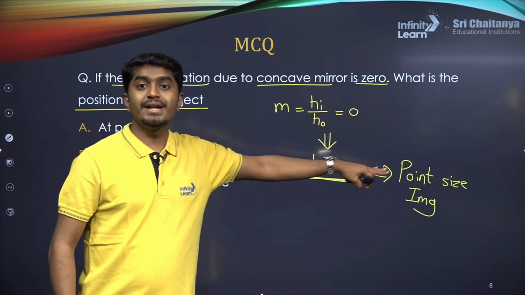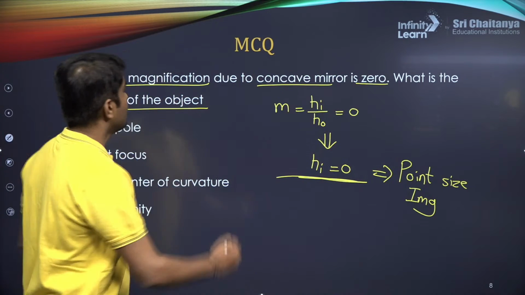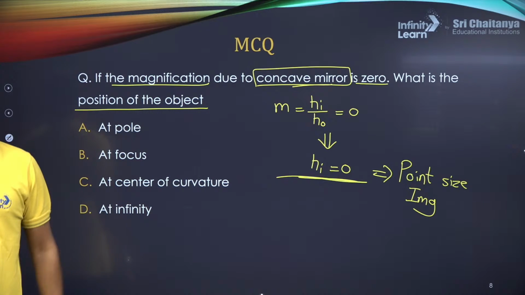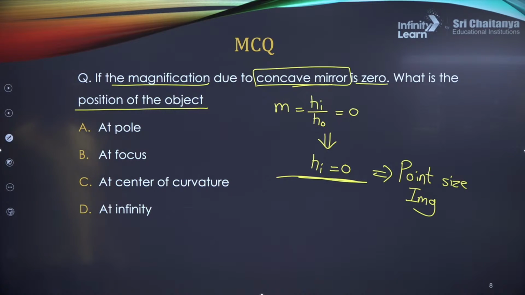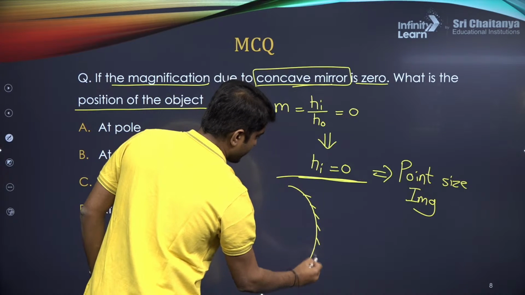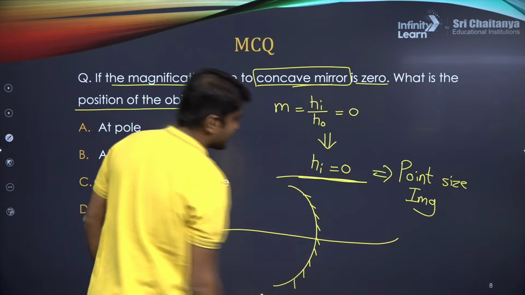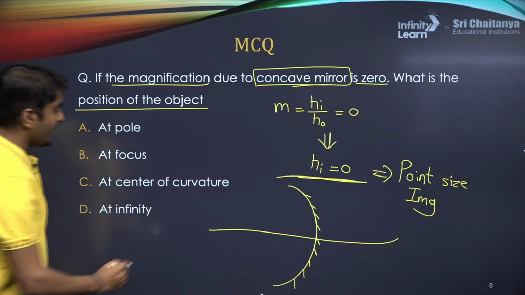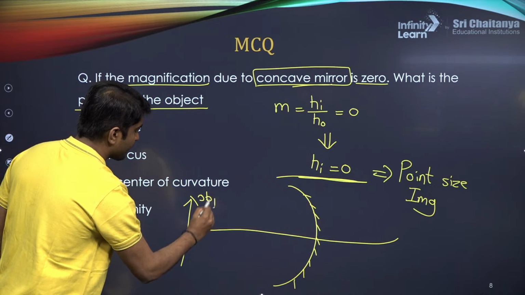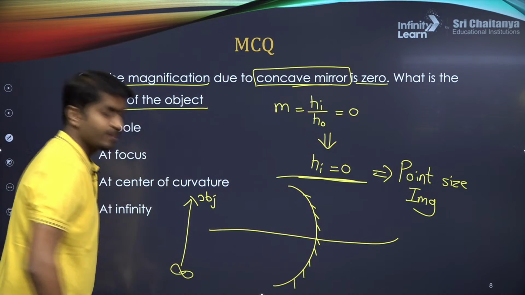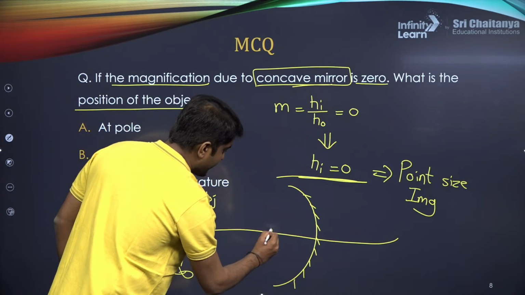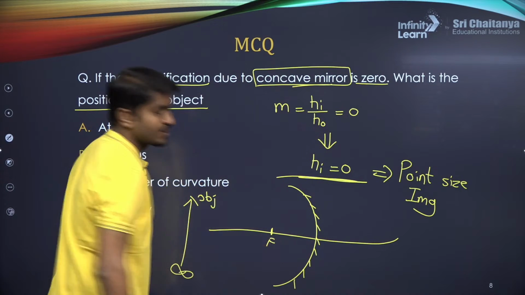Where do you get a point size image? In a concave mirror. Nice Kalpana, great. Yes, तो अगर अपने पास कॉनकेव मिरर है, प्रिंसिपल एक्सिस, तो यहां पे इफ यू प्लेस द ऑब्जेक्ट एट इंफिनिटी, it will form the image at the focus.